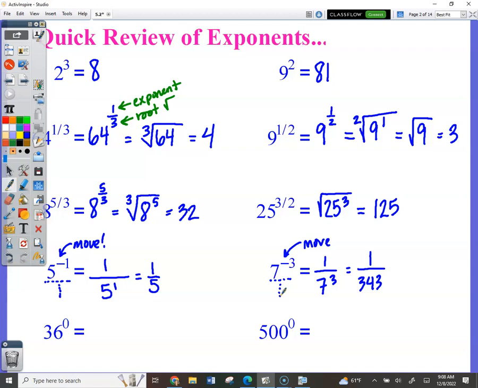The last two are just to remind you that anything to the 0 power is, let's try it again, anything to the 0 power is 1. Here's how you remember this. I know you can type it in your calculator, but it is easy to think, oh, it's 0, but it's not. Here's how I tell myself this. I'm going to write 36 to the 0 power. Doesn't the exponent up here mean I write it that many times?